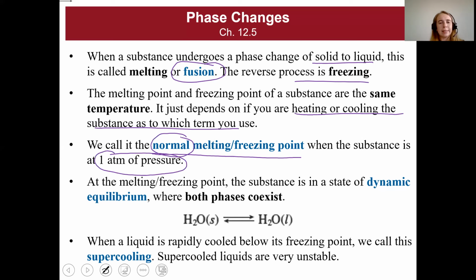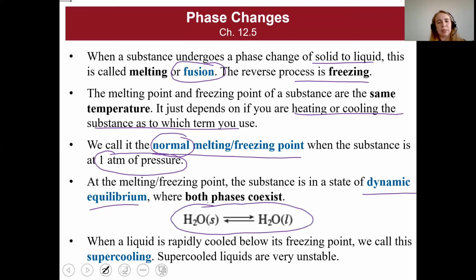And then at this melting or freezing point, one other important thing to note is that the substance is in a state of dynamic equilibrium. So this actually also happens at the boiling point. We have a dynamic equilibrium between liquid and gas, but now at the melting or freezing point, the substance is in a state of dynamic equilibrium where both phases coexist.